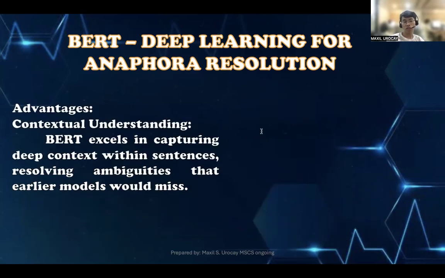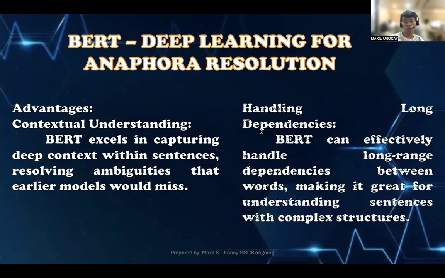As for the advantages, first, contextual understanding: BERT excels at capturing deep context within sentences, resolving ambiguities that earlier models would miss. Handling long dependencies: BERT can effectively handle long-range dependencies between words, making it great for understanding sentences with complex structures.